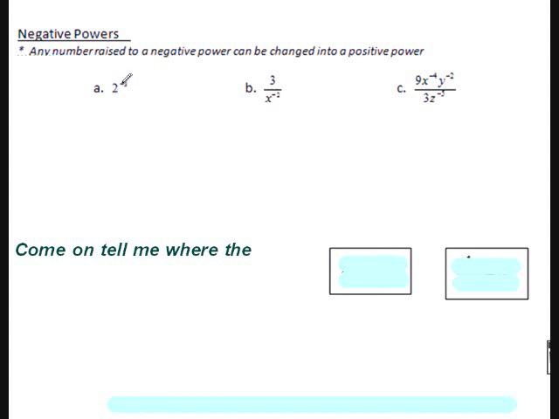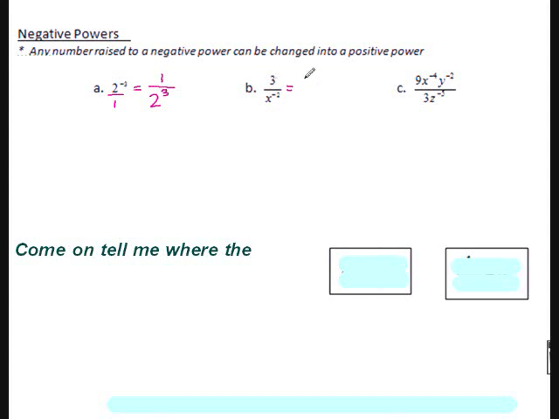For example, 2 to the negative 3 is equal to 1 over 2 to the positive 3. It becomes its inverse. So 2 to the negative 3 is in the numerator. When I make it its inverse, this is really 2 over 1. I take that 2, it comes to the denominator, the denominator becomes the numerator, and then once I've done the inverse, the negative disappears. So here, it is only this x to the negative 2 power that's going to change.